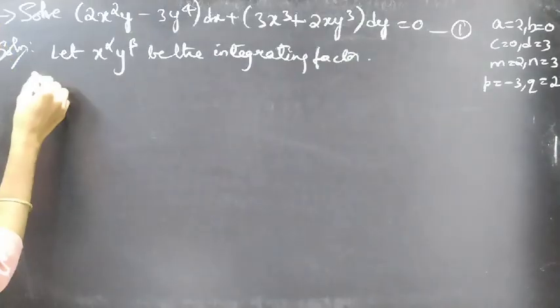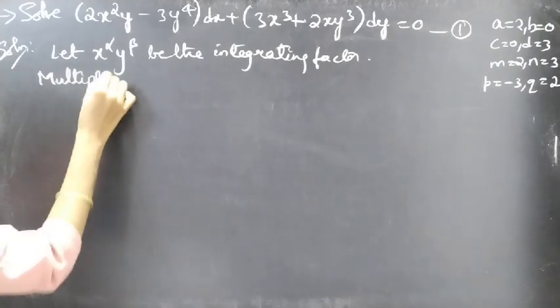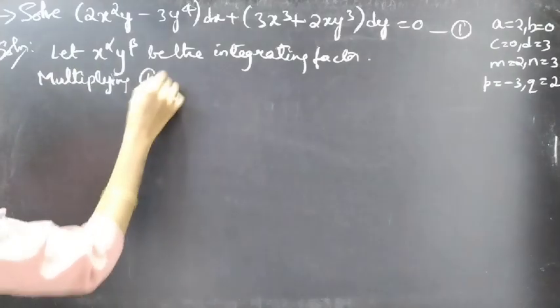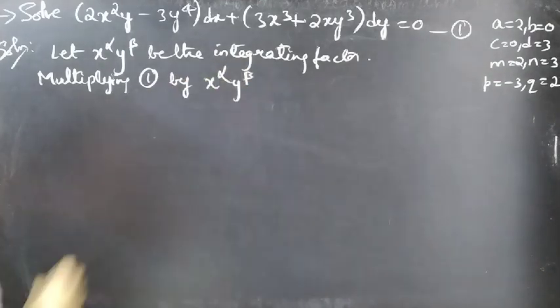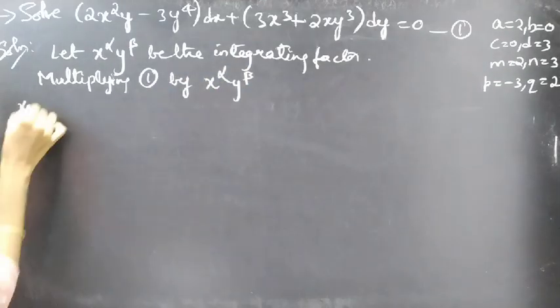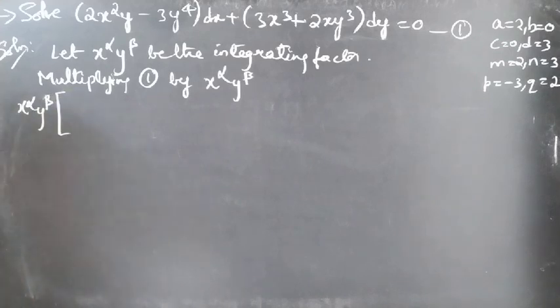Now multiplying equation 1 by the integrating factor x power alpha y power beta. See, here we are in a process to reduce the given differential equation to an exact equation.